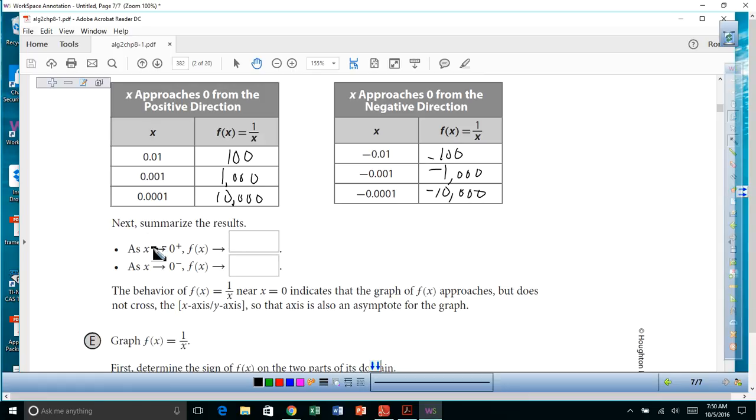As x approaches 0 from the positive side, f of x approaches positive infinity. As x approaches 0 from the negative side, f of x approaches negative infinity.